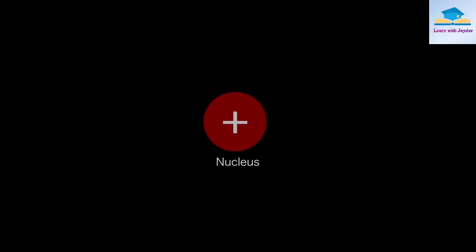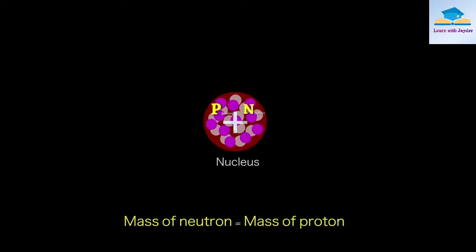There is a very positive region at the center of the atom. This is called the nucleus, where all the protons and neutrons stay together. As discovered by Chadwick, the mass of a neutron is almost the same as the mass of a proton.